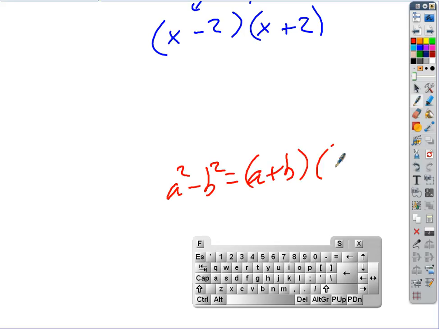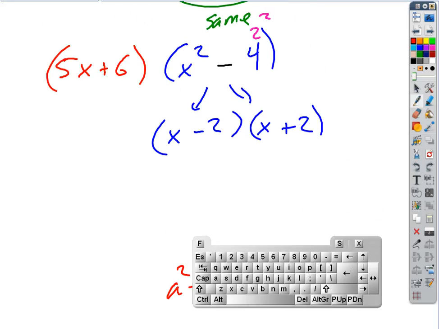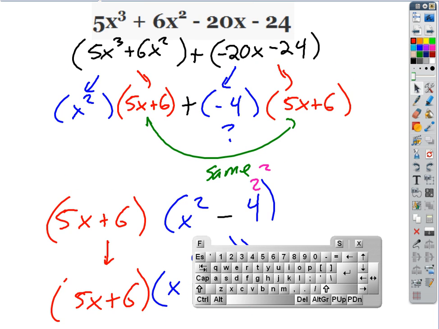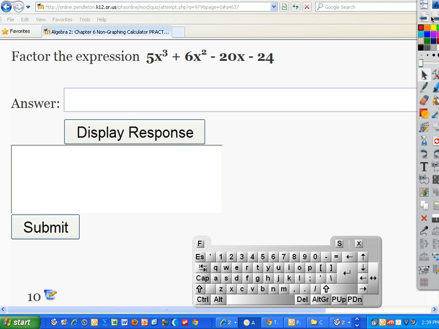Okay, what about this one? Find the least and greatest real solutions of the polynomial equation. Okay, talk to me about that one now.